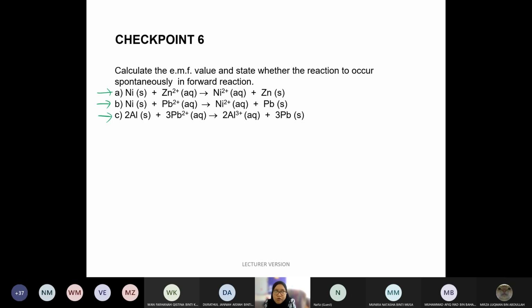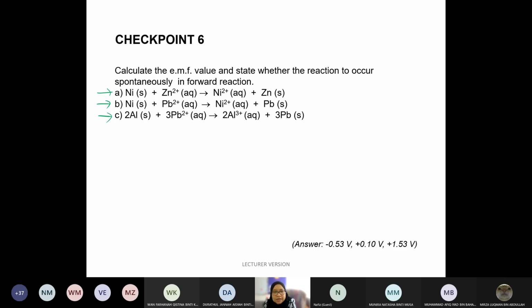Zinc is more likely to be oxidized than nickel. I know A because we are familiar with zinc. Lead and nickel we are not familiar with. Lead with aluminium, C is spontaneous because aluminium is considered, meaning its oxidation ranking, quite high. Let's check.